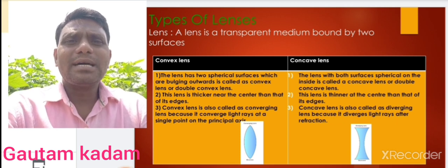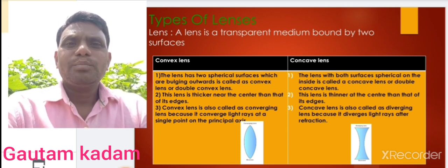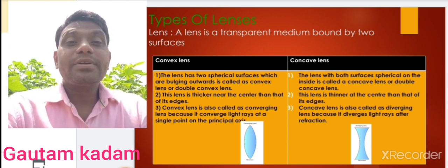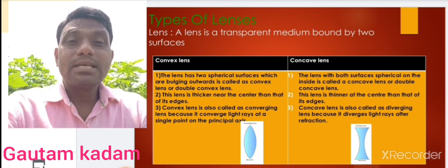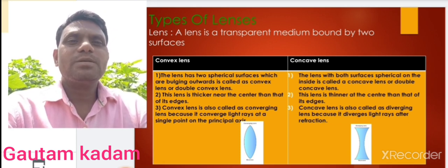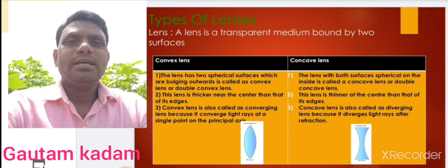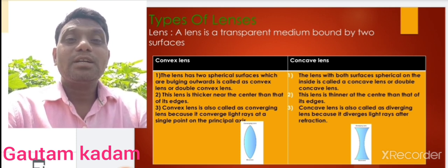Convex lens is also called a converging lens because it converges light rays after refraction at a single point on the principal axis. That's why convex lens is also called a converging lens.